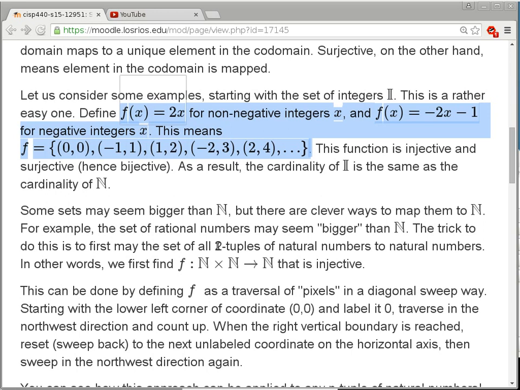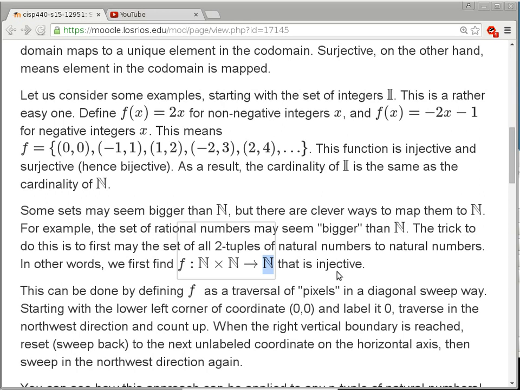Okay. So the first thing we'll go over is this part here. We'll first find a function f that maps the Cartesian product of natural numbers and natural numbers to natural numbers and that is injective. I'm not going to prove that it is surjective, but we know that it is at least injective.